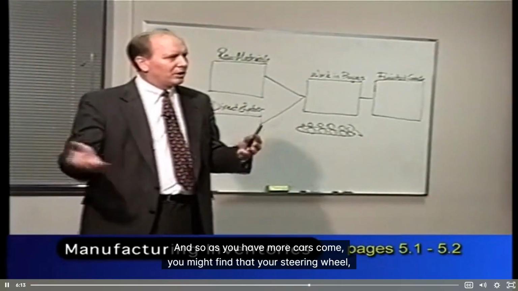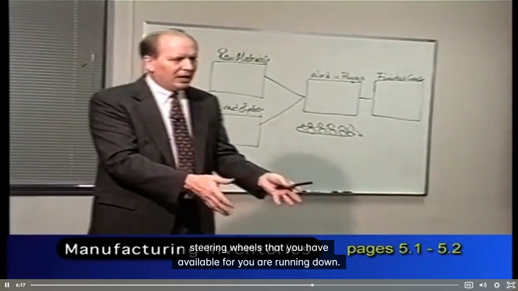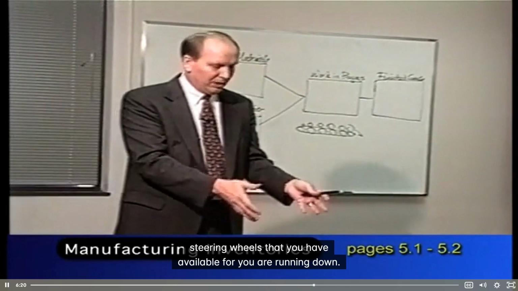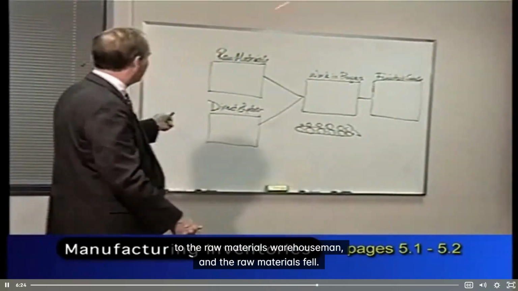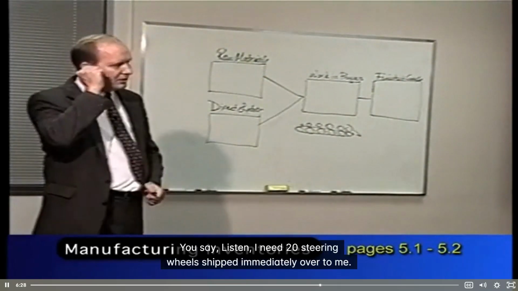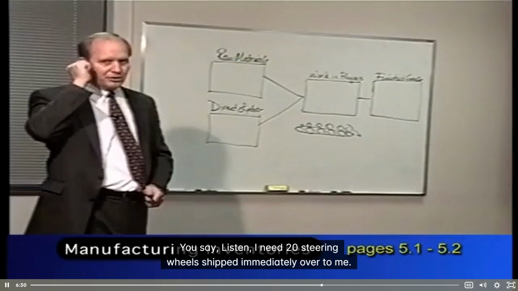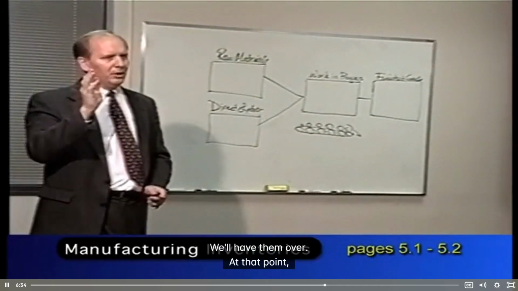And so as you have more cars come, you might find that your steering wheels that you have available for you are running down. So you quickly make a phone call to the raw materials warehouseman. And the raw materials fellow, you say, listen, I need 20 steering wheels shipped immediately over to me. And he says, no problem, we'll have them over.